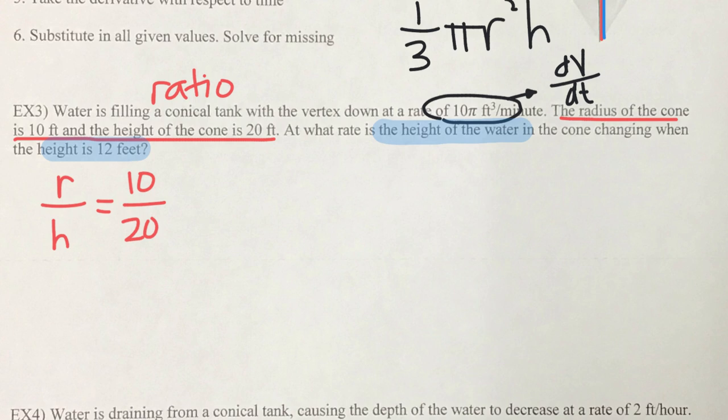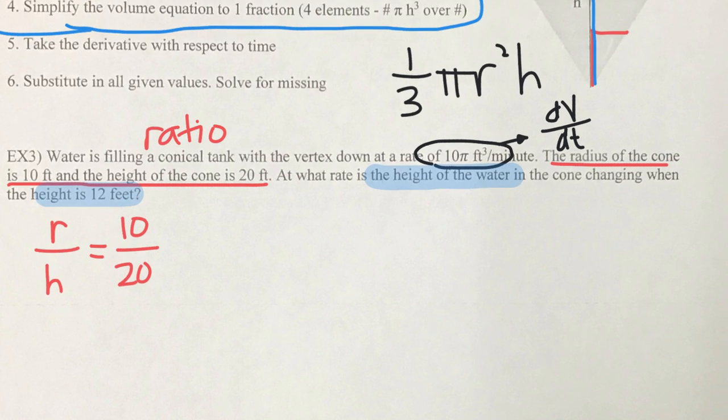We don't know anything about the rate of change of your radius. So when we take the derivative of this formula with respect to time, we're going to have a dr/dt in here, because every variable gets a derivative with respect to time. We don't know anything about dr/dt, nor can we find anything about dr/dt.